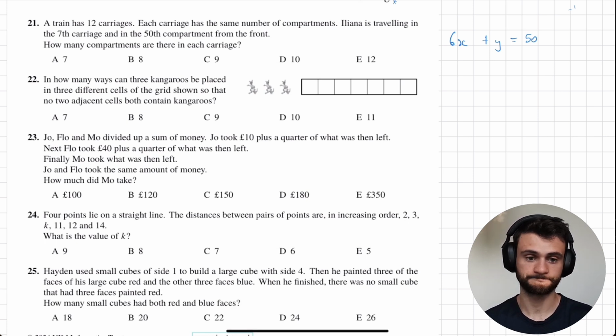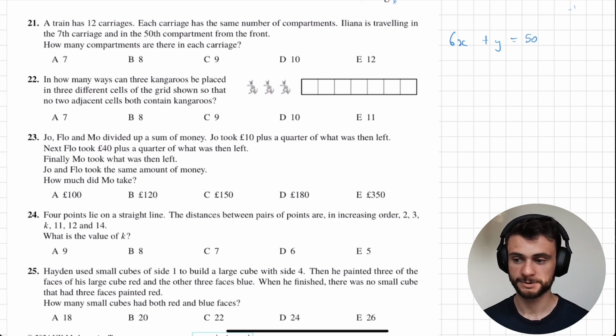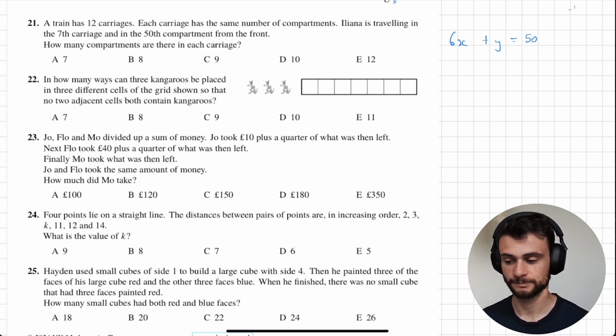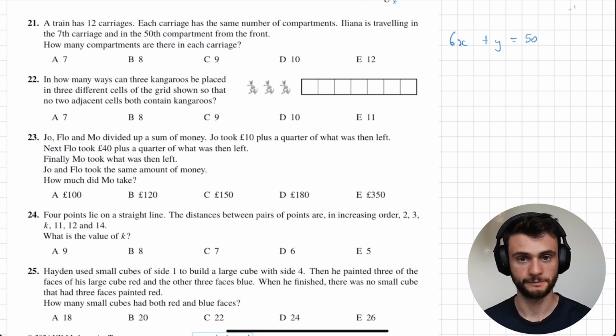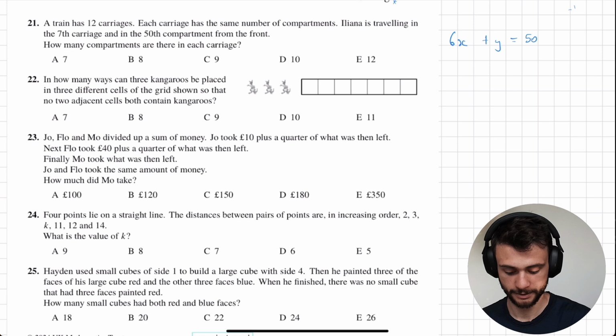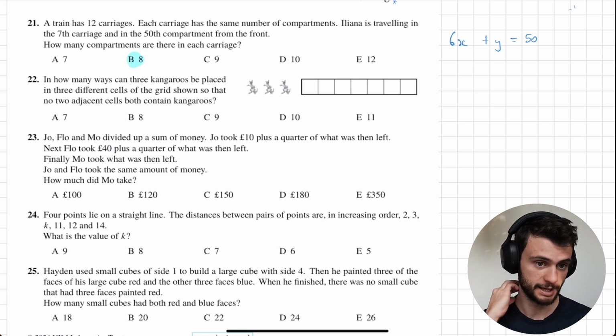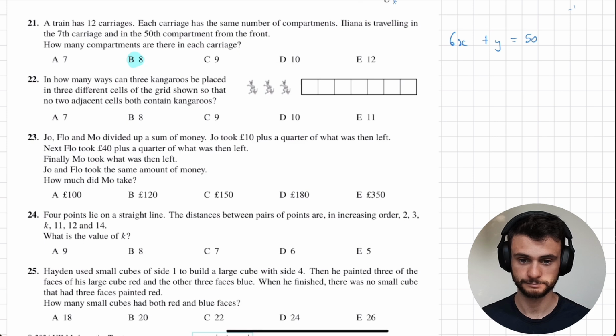If there's 9, that wouldn't make sense because 6 times 9 is 54. That would mean that there's 54 compartments in front of her in the first 6 carriages, which is more than 50. So we've shown that it can't be 7, it can't be 9, it can only be 8.